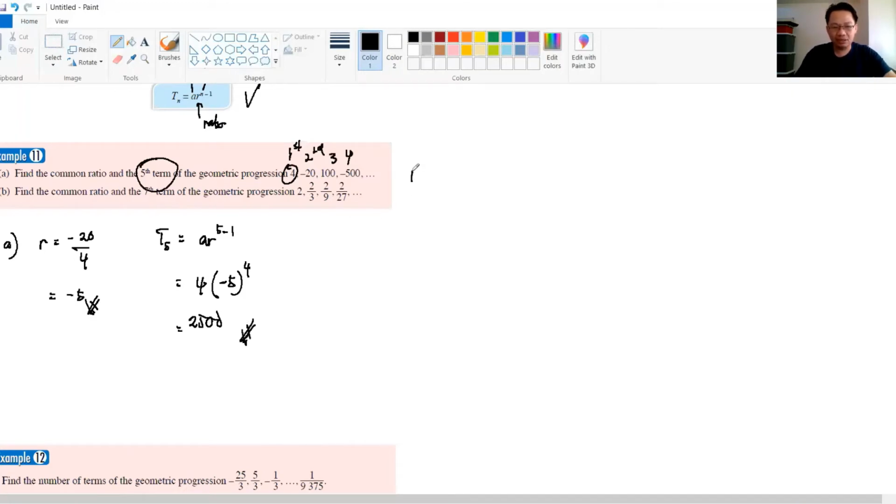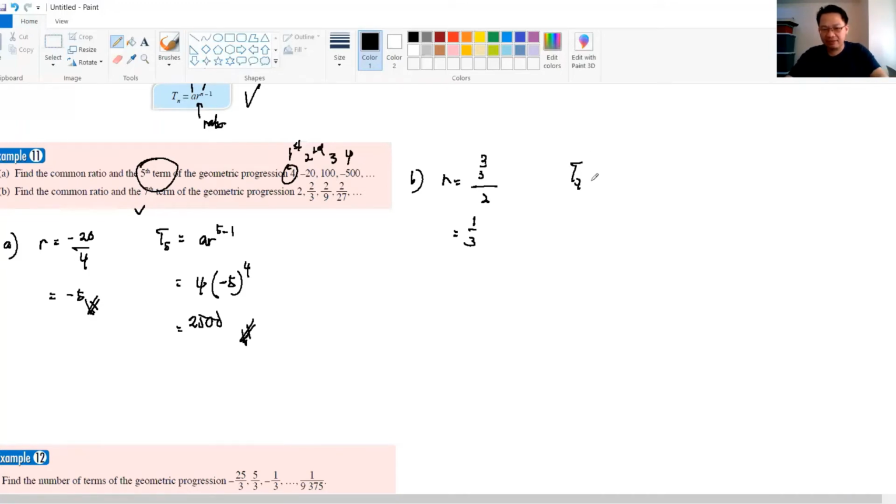Okay, how about B? For question B, find the common ratio and the 7th term of this progression. We find the common ratio first. The second term, 2 over 3, divided by the first term, 2. So we are supposed to get common ratio equals 1 over 3. And we want to find the 7th term.